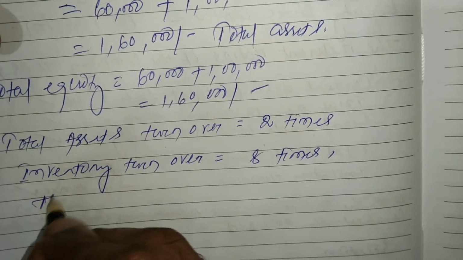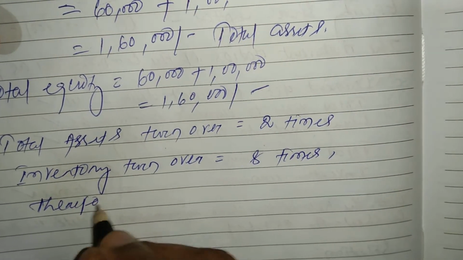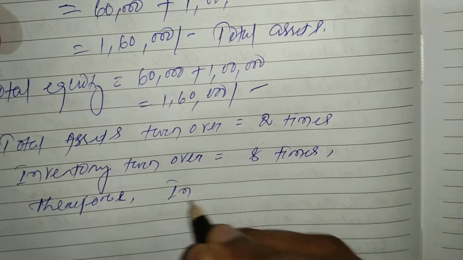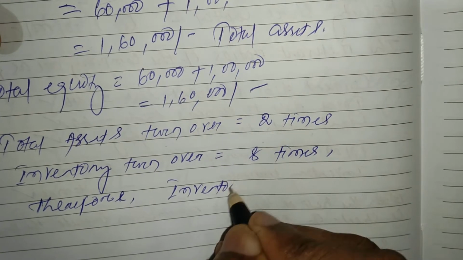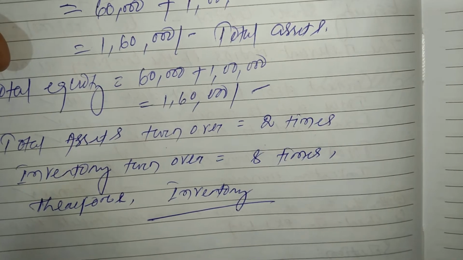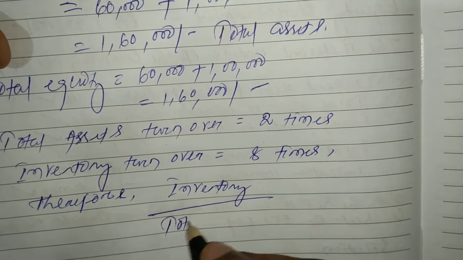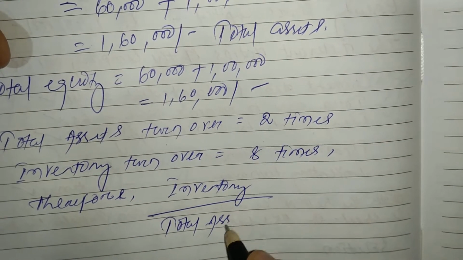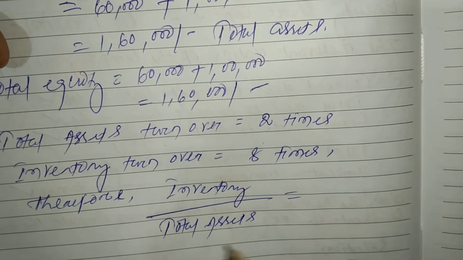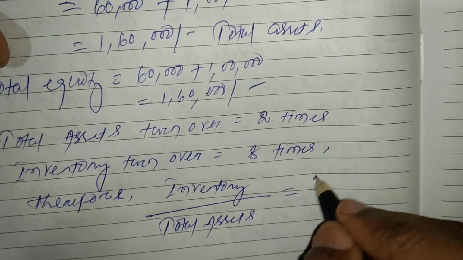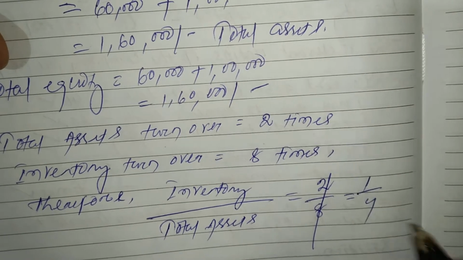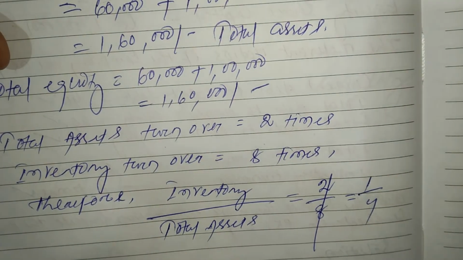Therefore, inventory divided by total asset is equal to 2 by 8 is equal to 1 by 4.